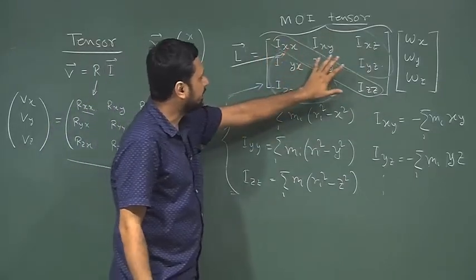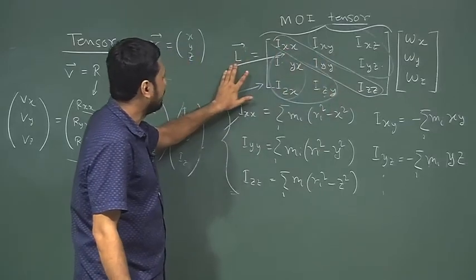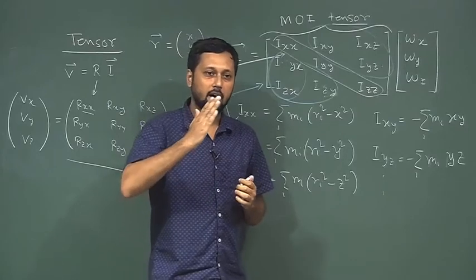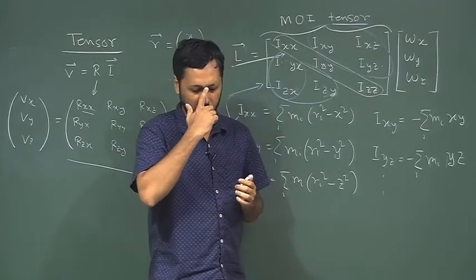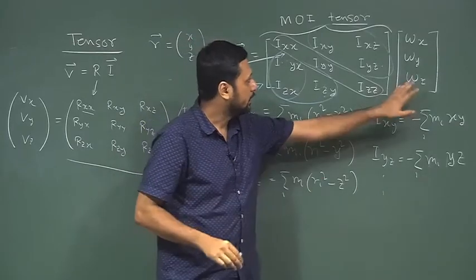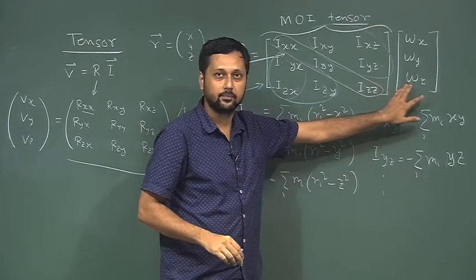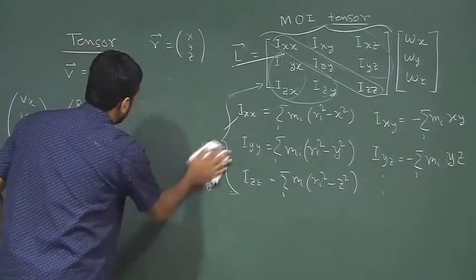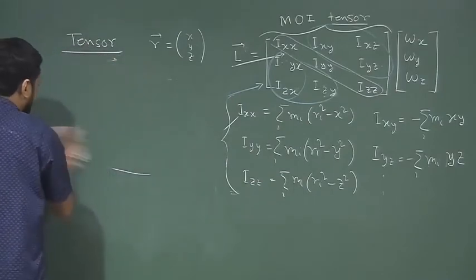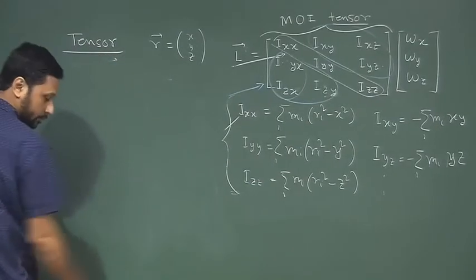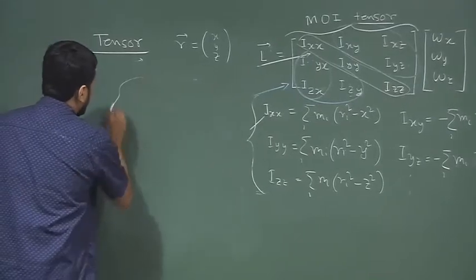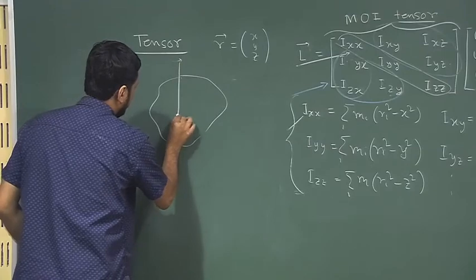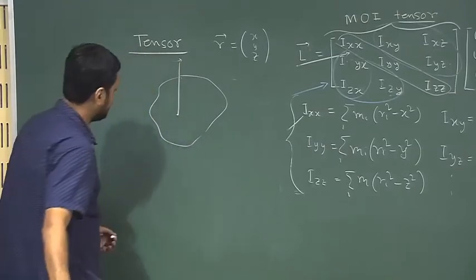this can tell me what will be the angular momentum for any given orientation of the omega vector. Okay. So, we have an object. We have an arbitrary object, and of course, the fixed point has to be fixed.